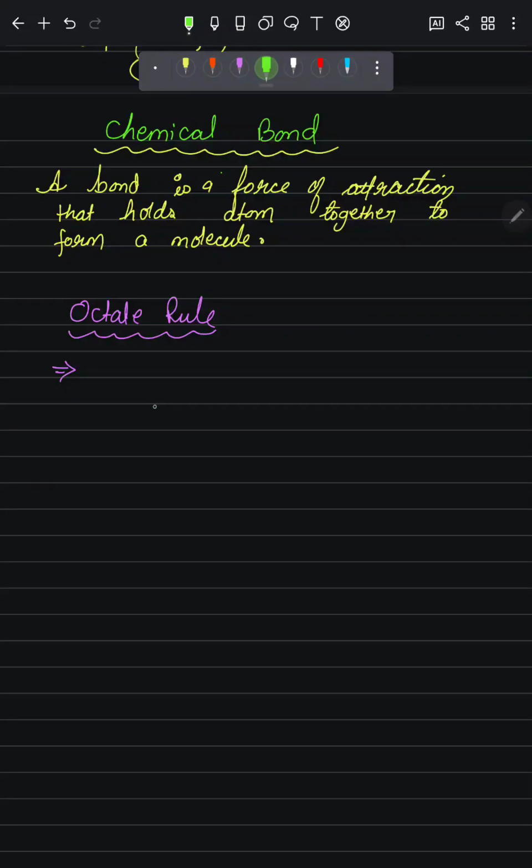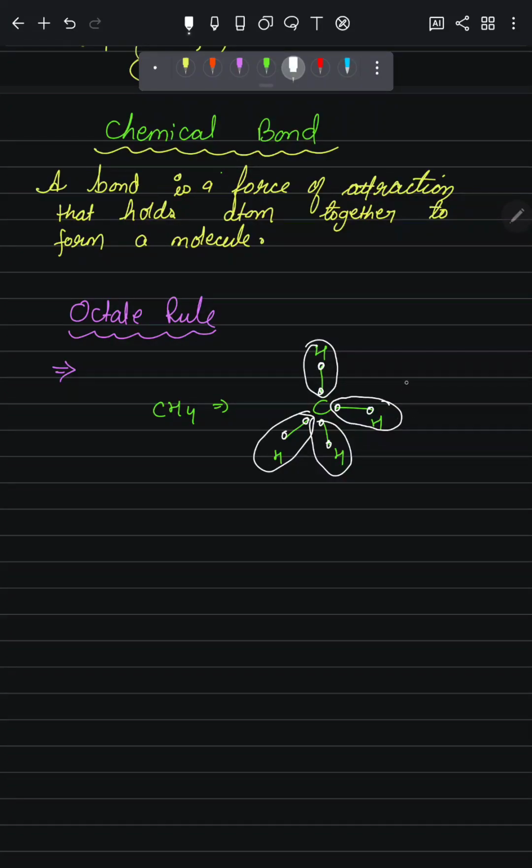An example of a molecule which follows the octet rule is CH4, a carbon and 4 hydrogens. The number of electrons here are 1, 2, 3, 4, 5, 6, 7, 8. So 8 electrons are present here, the octet of this carbon is complete, so this is a stable species and it has 8 valence electrons. So it follows the octet rule.